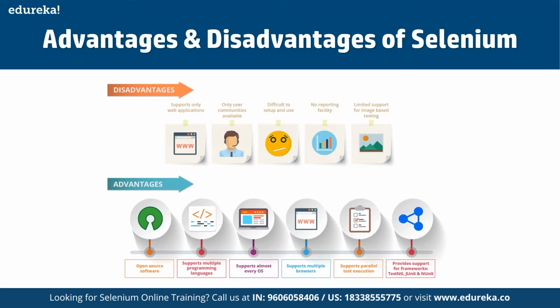So we can create multiple scripts and they can all be executed in parallel. And it provides support for frameworks like TestNG, JUnit, and NUnit for creation of reports. So the inbuilt report facility is not available, and that is being facilitated by the TestNG, JUnit, and NUnit platforms, being a part of report generation strategies.